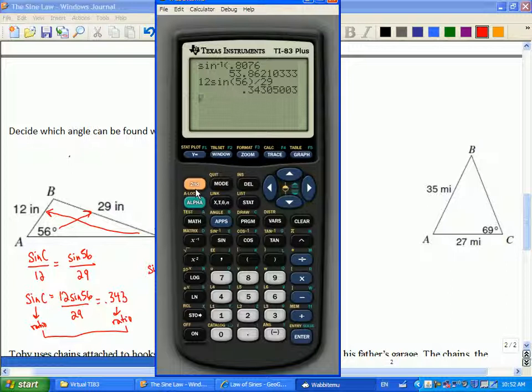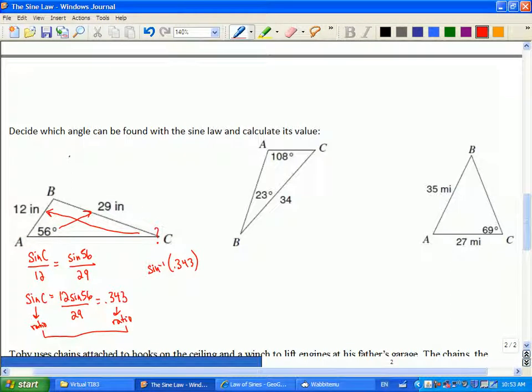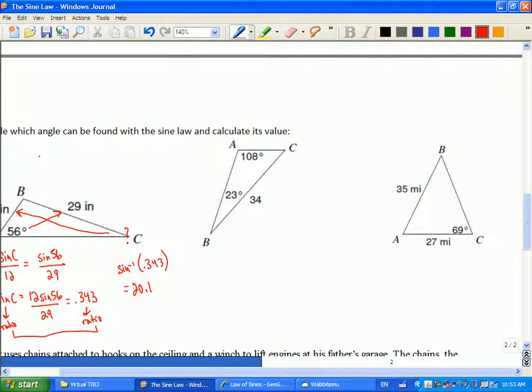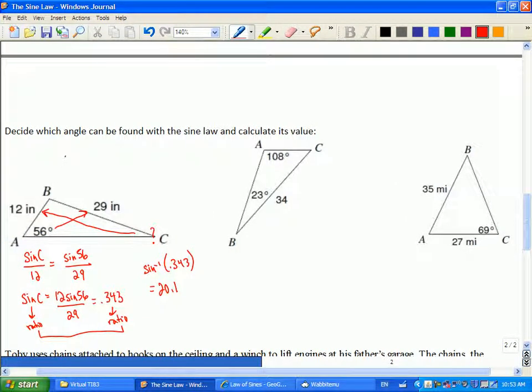So sine minus 1 of 0.343. So 20.1. Okay, so the next two triangles there, I'll let you walk through those and we'll review them together as well.